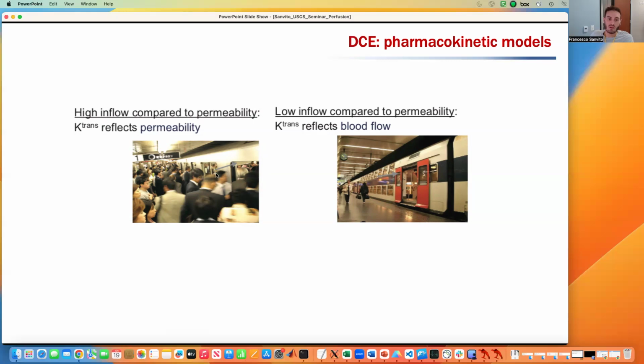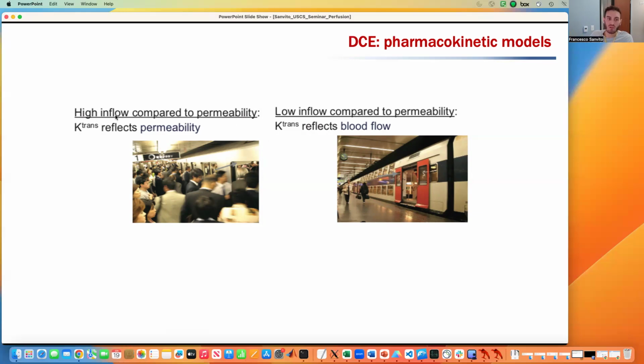In presence of high flow, so a lot of people on rush hour, the Ktrans, which is the rate of passage from the train to outside the train, is limited by how many doors are open, which is limited from how much permeability the system has.